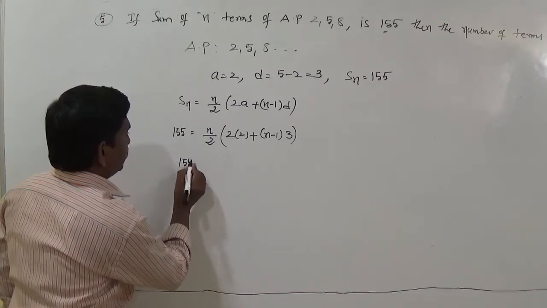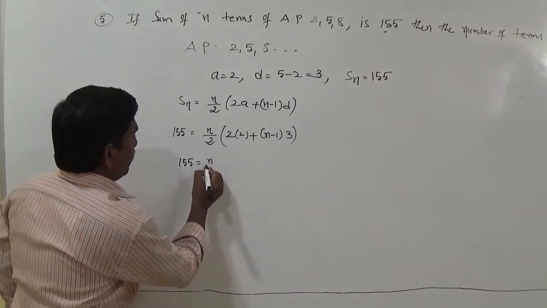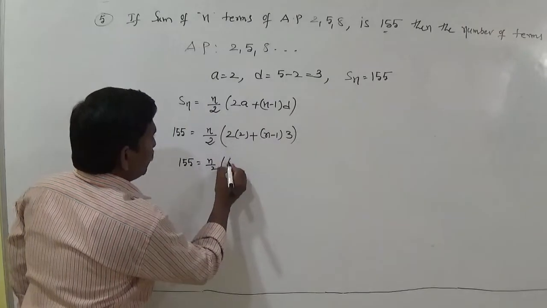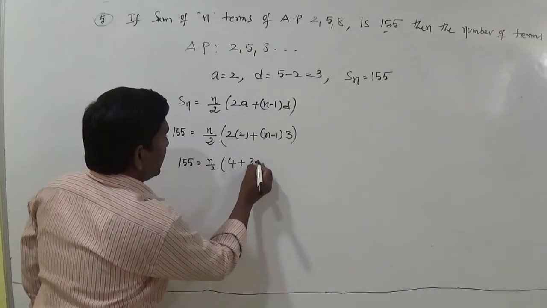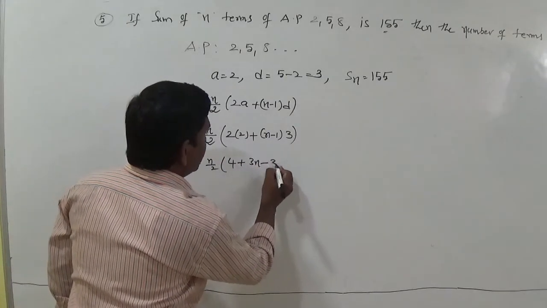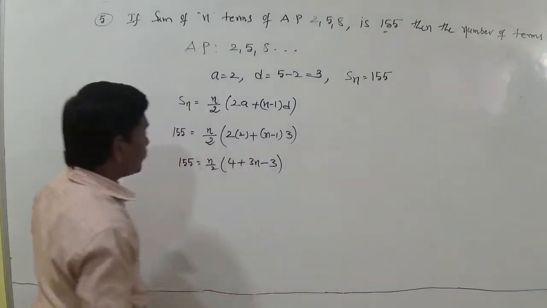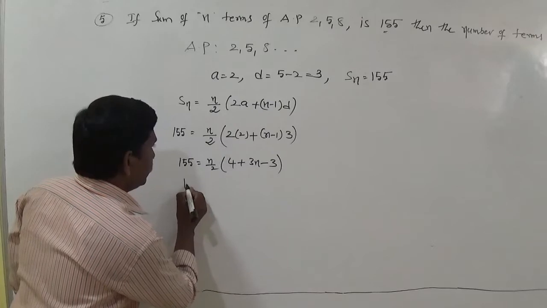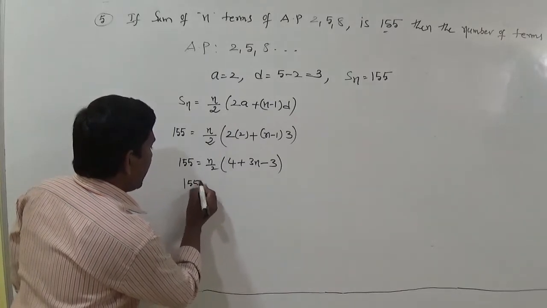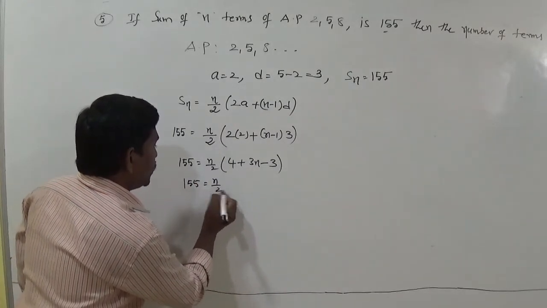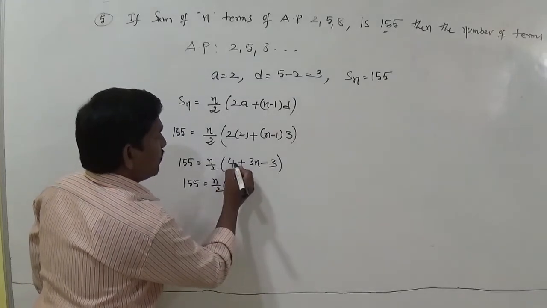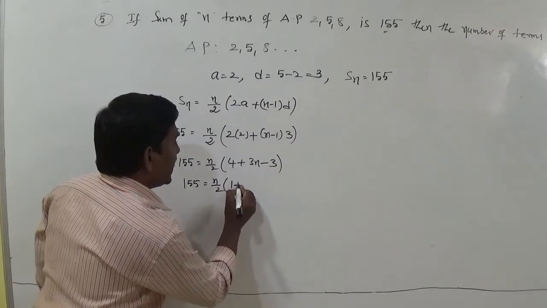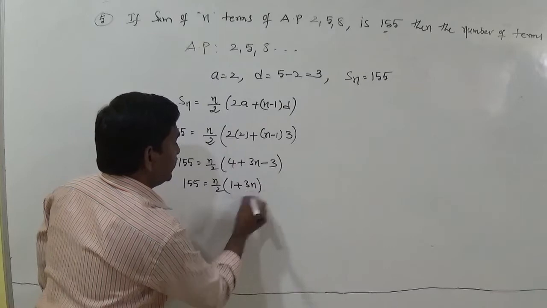So 155 equals n by 2 into (4 plus 3n minus 3), which is n by 2 into (1 plus 3n).